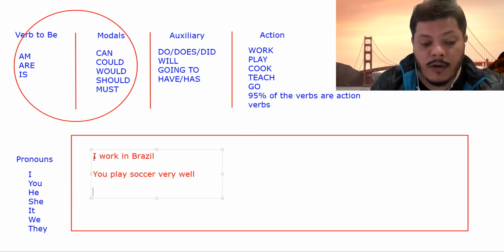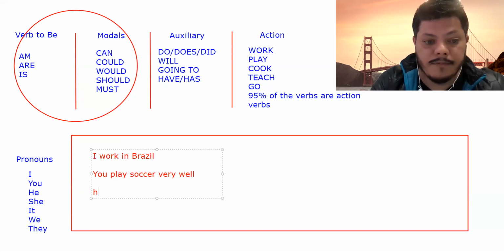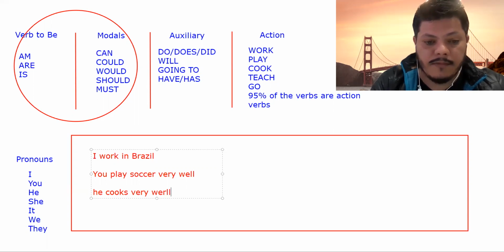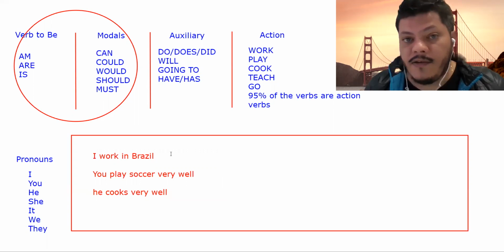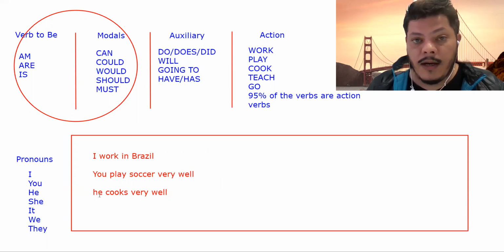In the verb cook, I could say, he cooks very well. Here I have 3 examples using action verbs, right? I work in Brazil, you play soccer very well, and he cooks very well.